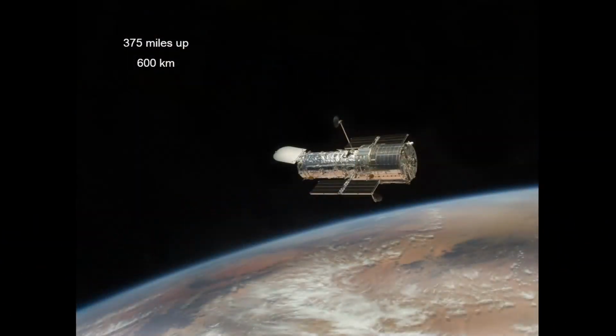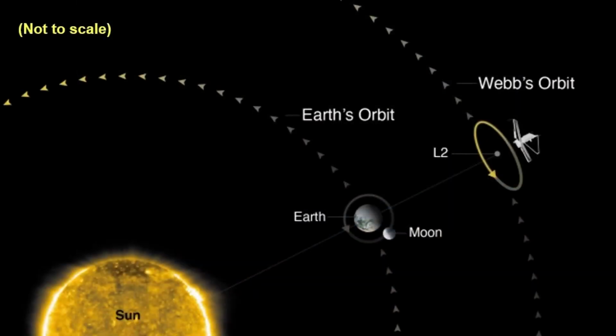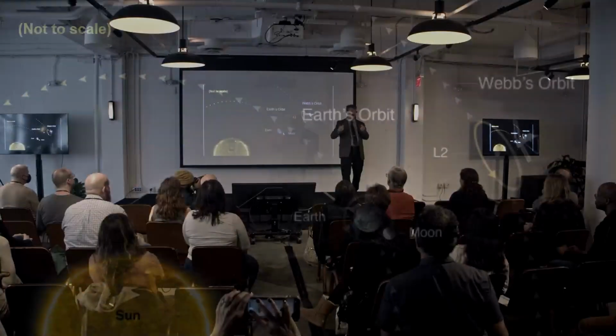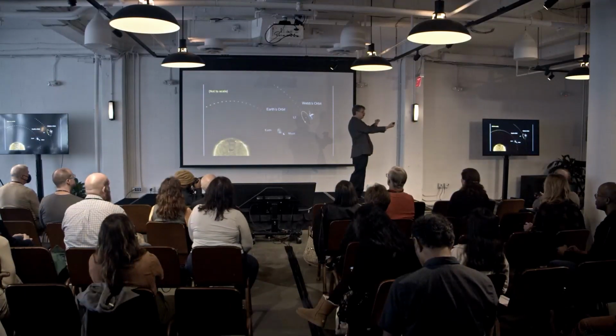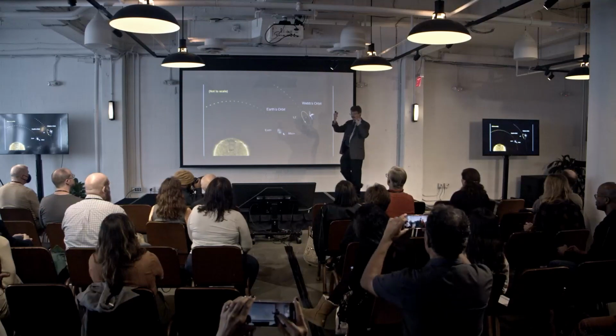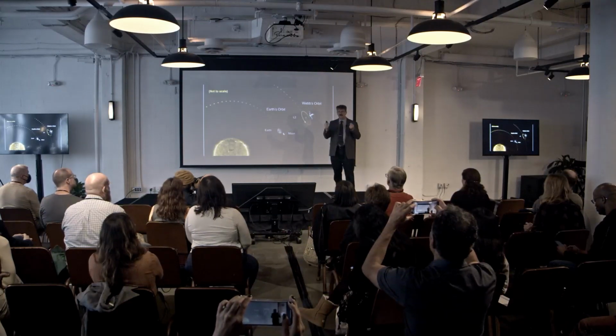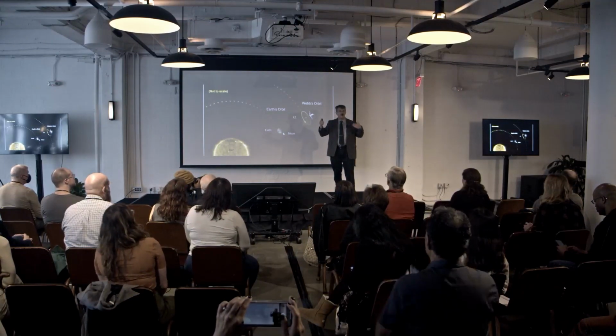And then finally, the other big difference between Hubble and Webb is that Hubble is in low Earth orbit, 600 kilometers above the Earth, goes around the Earth every 90 minutes, and we put Webb 1 million miles away at a special orbit called the second Lagrange point, L2. It goes around the Sun once per year as the Earth does, and the Sun, the Earth, and the telescope are always lined up.